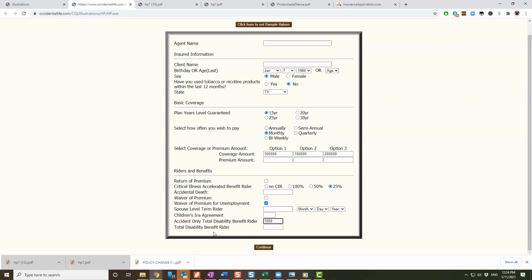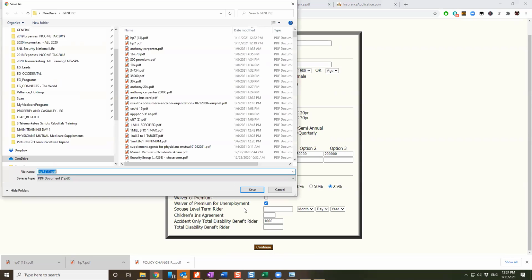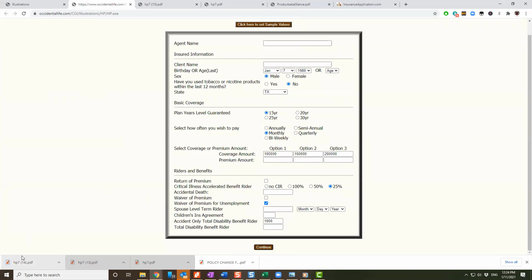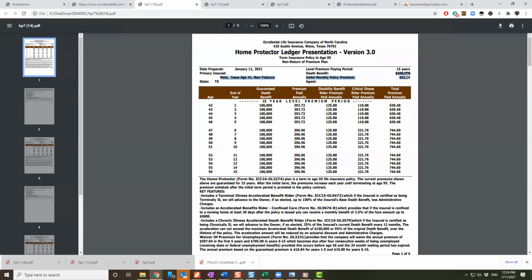Because you have a total disability, if they're unhealthy or have an accident, they can still get paid disability, but most of the time accident is going to be the most common, at work, that they get disabled by accident. And you run the quote, and now you see that it's $52.54 because we added additional benefits.